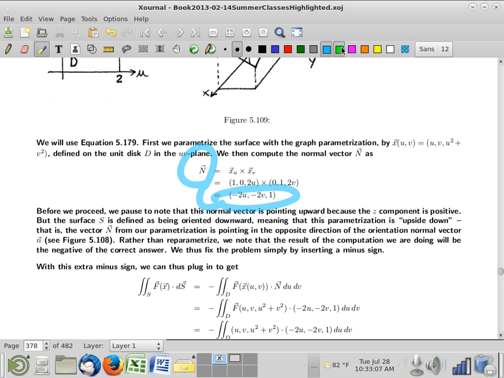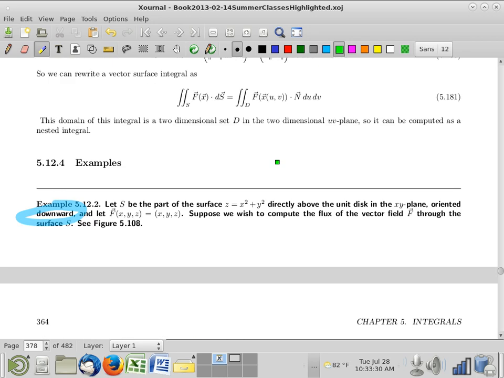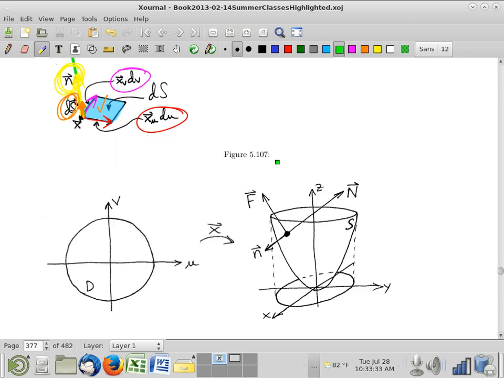Look at our capital N vector. Look at its third component. That's positive. By the parameterization that I chose, I have created a capital N vector with a positive third component, which is therefore pointing to some extent upward. There is no sense in the word in which this is pointing downward. So inadvertently, I parameterized this thing upside down.